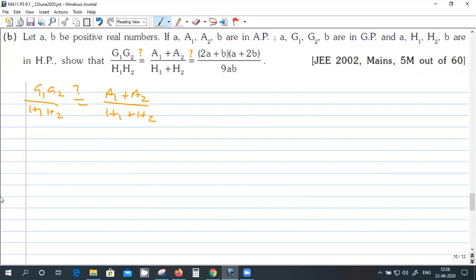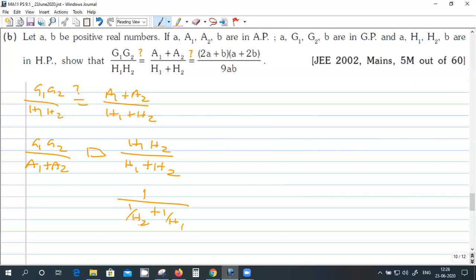So this I can rewrite as G1 G2 divided by A1 plus A2. This I have to relate to H1 H2 divided by H1 plus H2, and this I can rewrite as 1 divided by 1 by H2 plus 1 by H1.